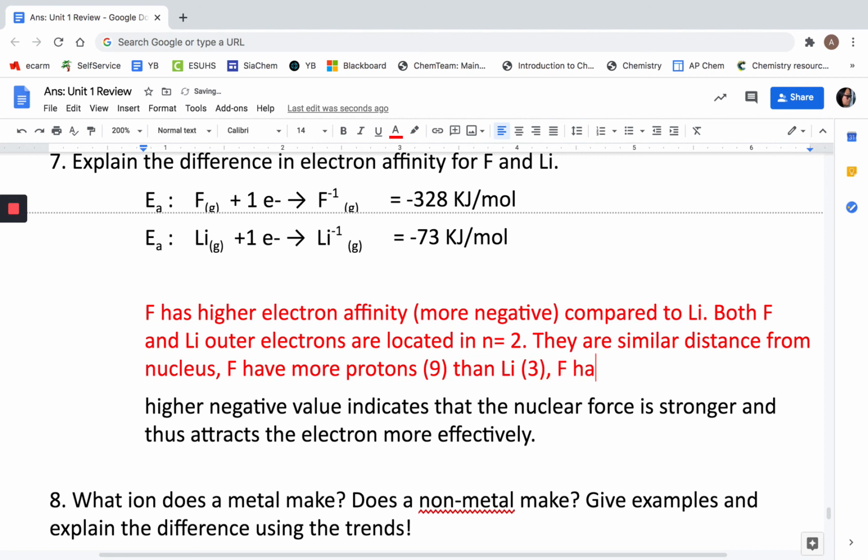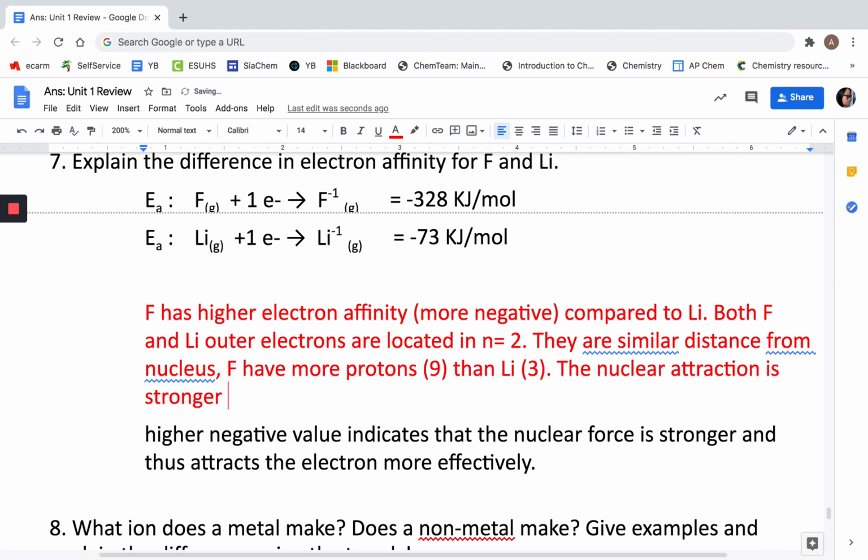F has more nuclear attraction, the nuclear attraction is stronger in F.